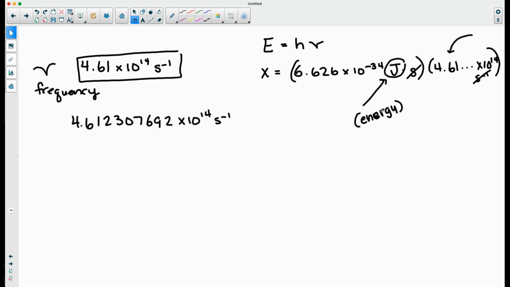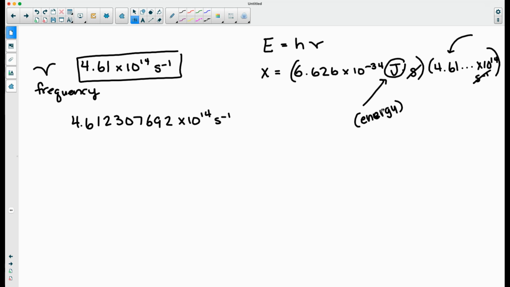So now I take that unrounded number from my calculator and I multiply by 6.626, second comma, negative 34 if you're on a graphing calculator, second x to the minus 1, negative 34 if you are on a scientific calculator.